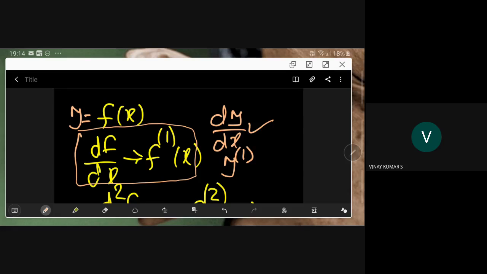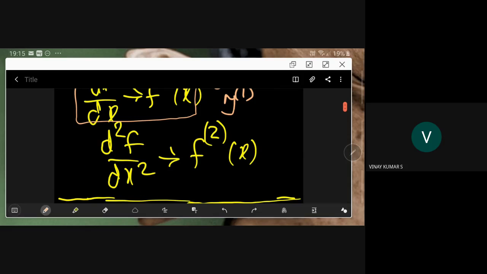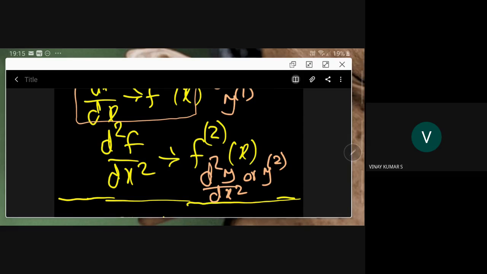If we are talking about the second order derivative, we can write in such a case d square y by dx square, or y double prime, like this. So these are the conventions we are following.